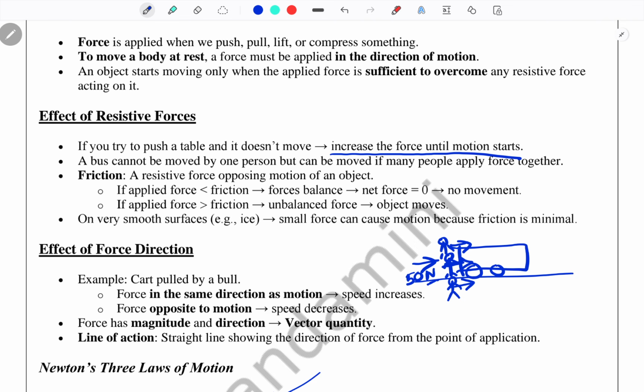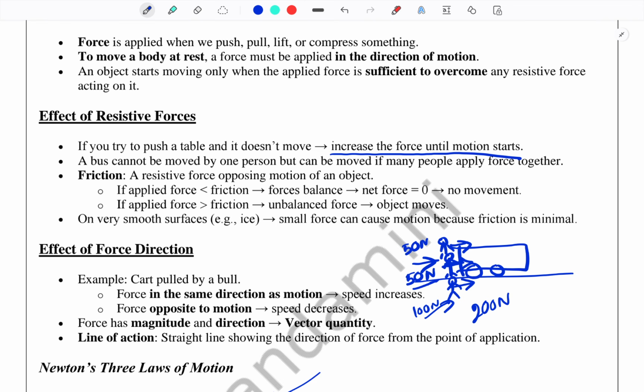The force has a unit which is Newton. So one person is giving 50 Newton, then another one is also giving 50. This person is so strong, so this one is giving 100. Totally now 200. Think it is enough to move. Then the bus starts moving. That's the logic behind this.